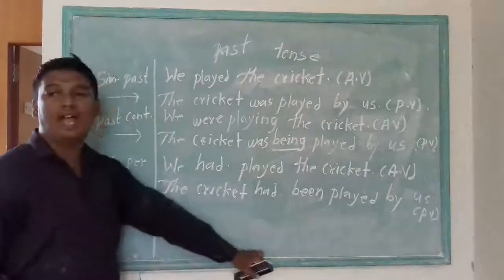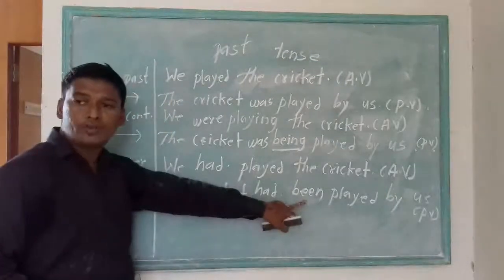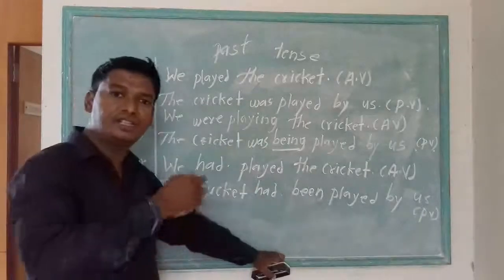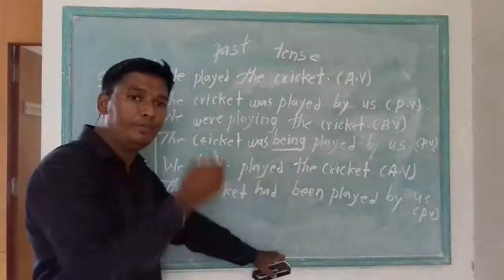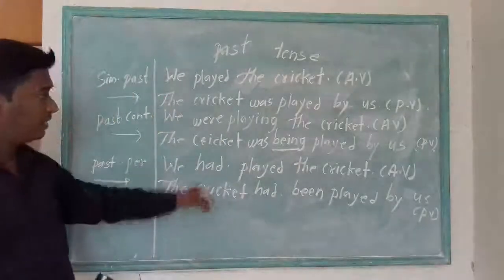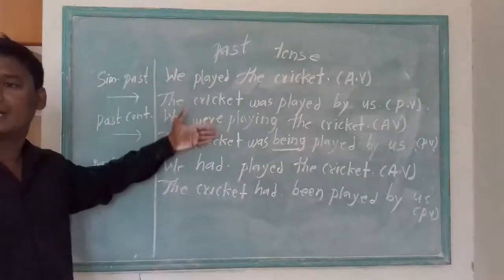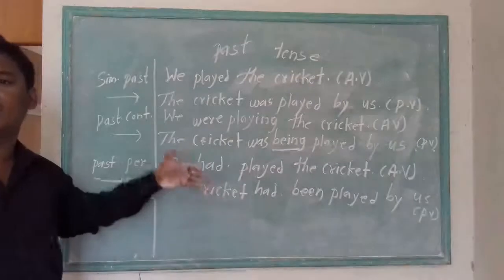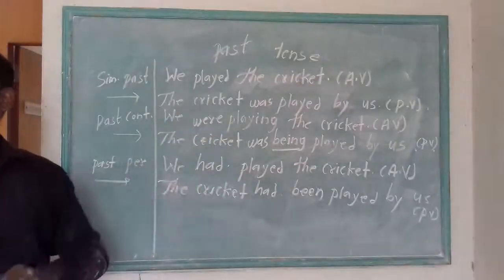I have just added been because it is in perfect tense. The AV sentence is in past perfect, and been indicates perfect tense. Okay. It is simple past, past continuous, past perfect. Past perfect continuous cannot be changed into PV.